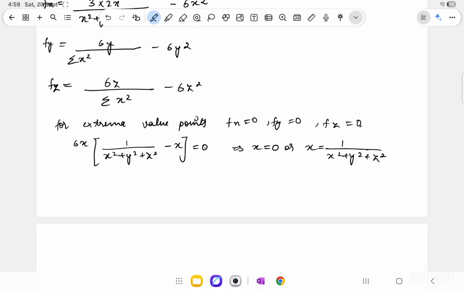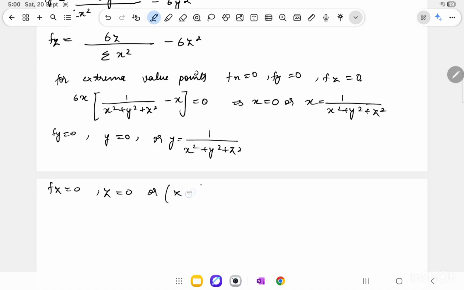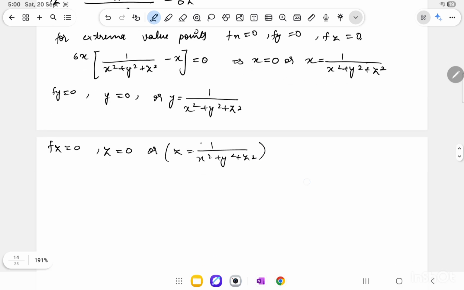Likewise, if I solve fy equals 0, then I'll get y equals 0 or y equals 1 divided by (x square plus y square plus z square). And if I equate fz equals 0, then I'll get z equals 0 or z equals 1 divided by (x square plus y square plus z square). So you can see that at extrema points, like at the points where a function can attain extrema values, x equals y equals z.